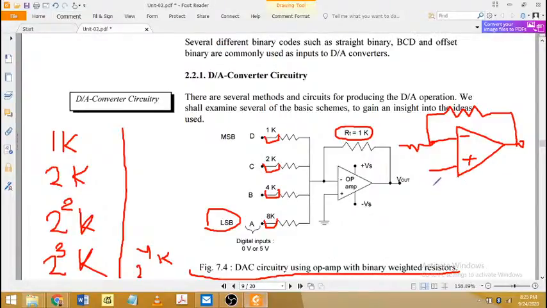So what is the case? This V plus terminal we call the non-inverting terminal, and this V minus terminal is also known as the inverting terminal.